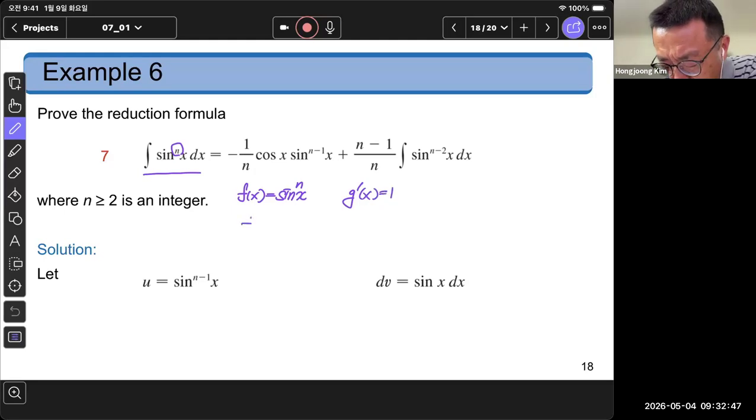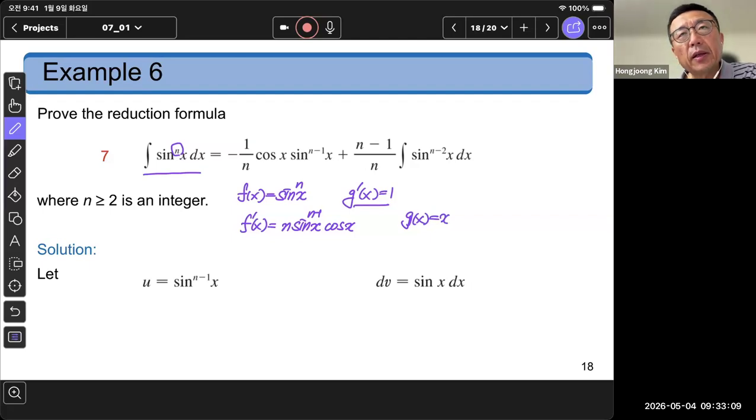Then f prime of x is n times sine x to the n minus 1 times cosine x, and g of x will be just x. Okay, we can do this.